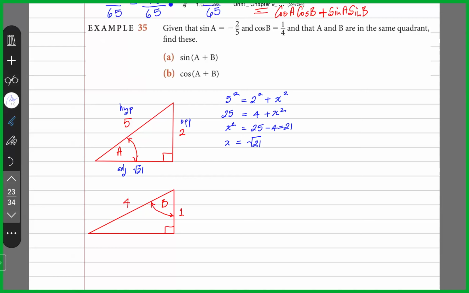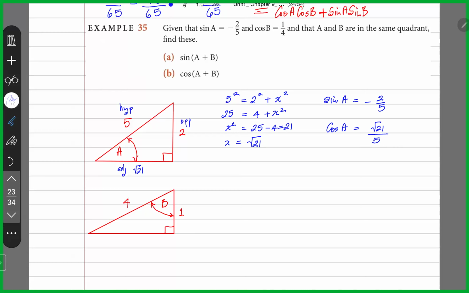So with that knowledge, I can now say, well, this was given that the sine of A is minus 2/5. And now I can say that the cosine of A is adjacent root 21 over the hypotenuse, which is 5.